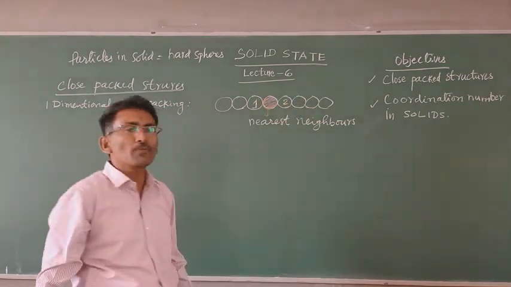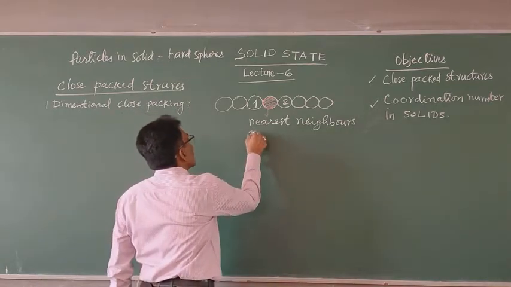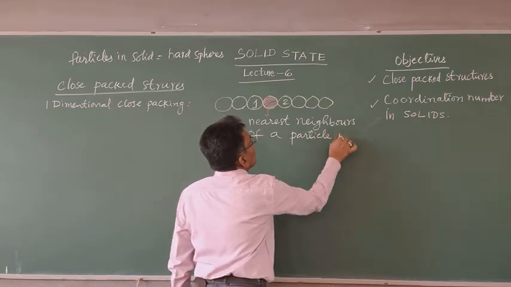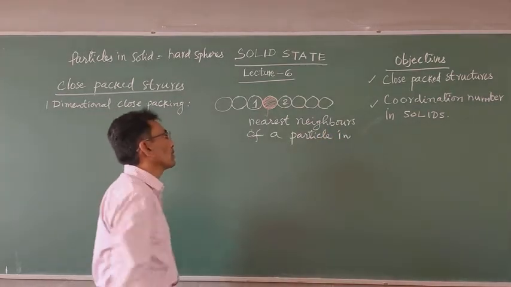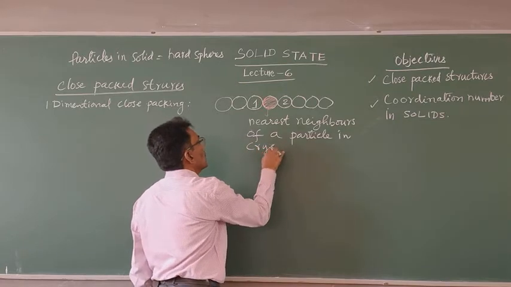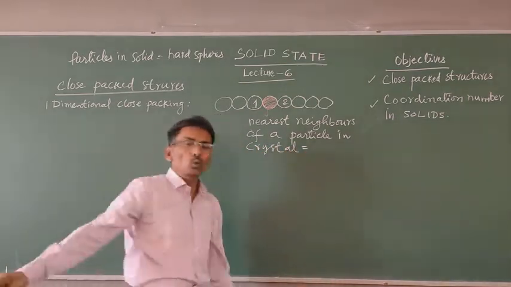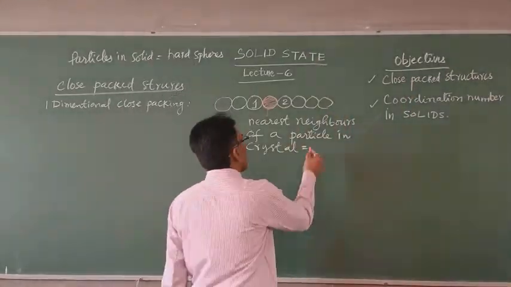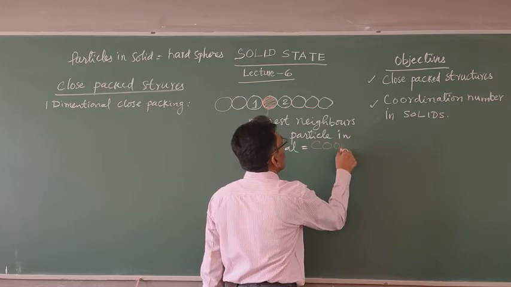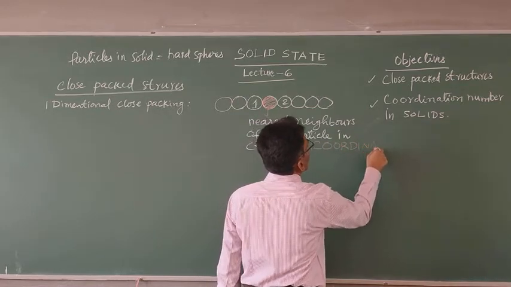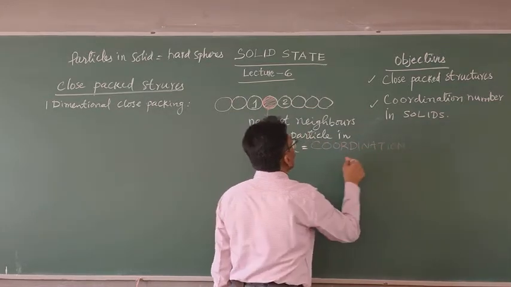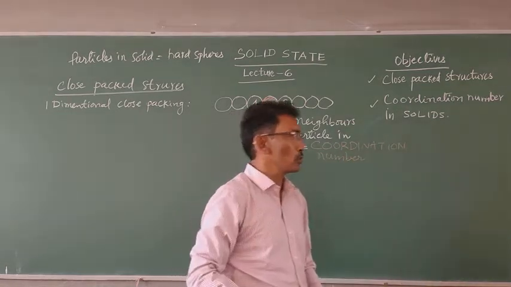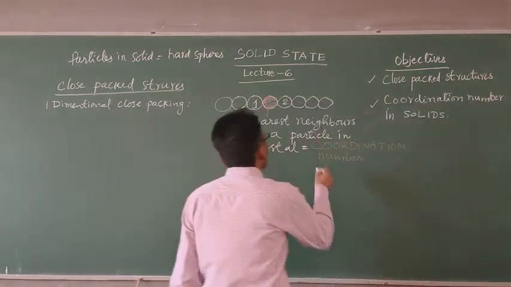The nearest neighbors of a particle or atom in a crystal is known as coordination number. This is the definition for board examination. Yes, this is coordination number. Of course, it is not that much visible, so I would like to write in a different way.